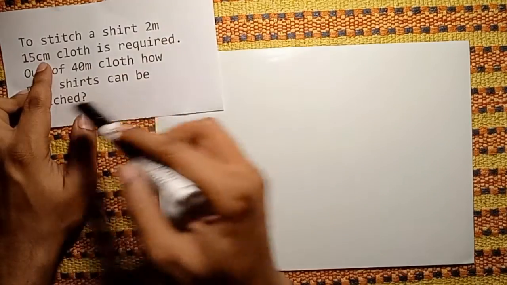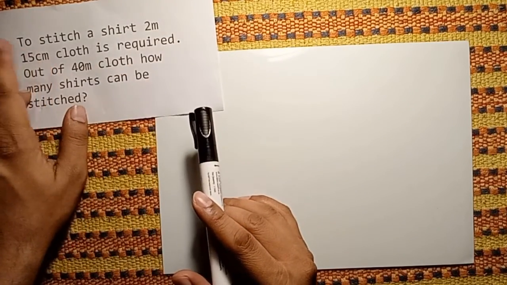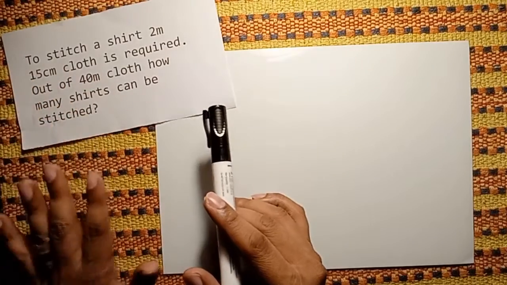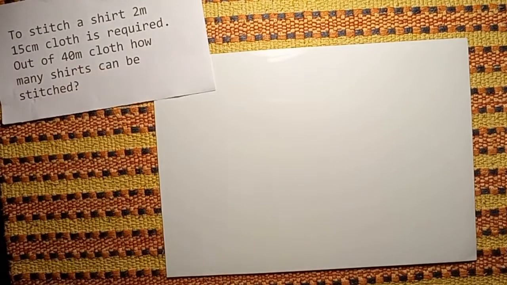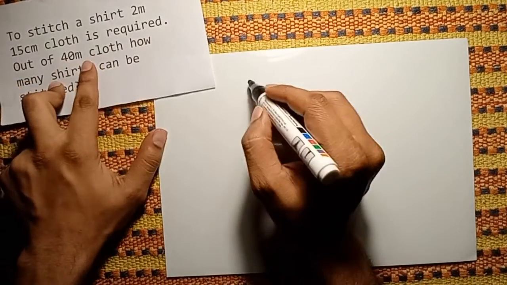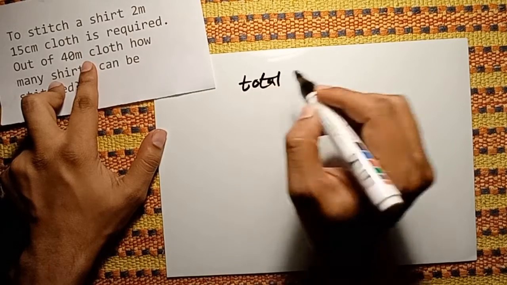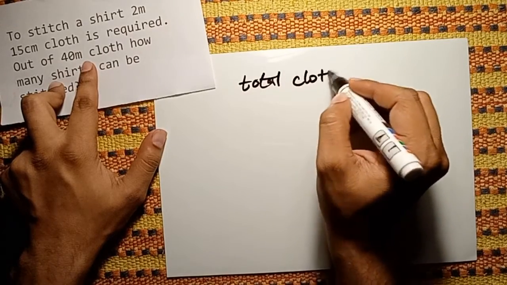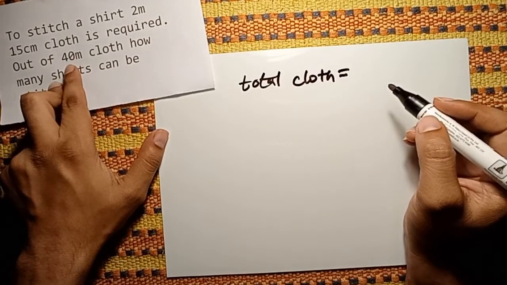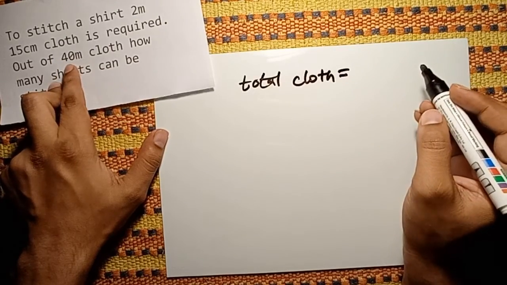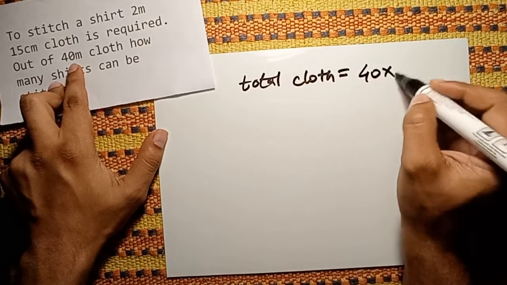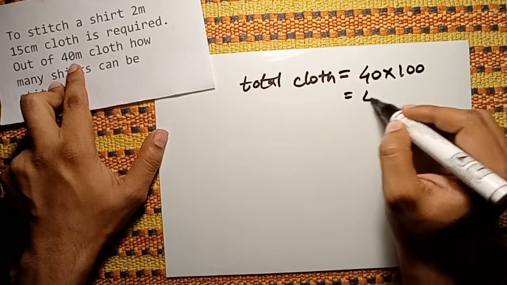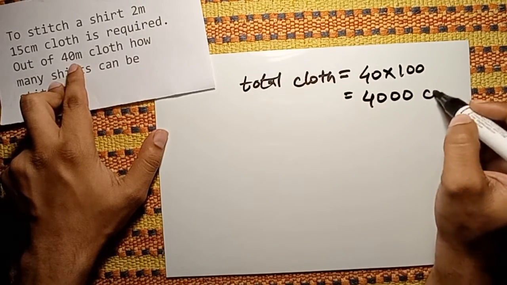So I will convert everything into centimeters first and then I will solve the problem. So let's see. Total cloth: 1 meter is equal to 100 centimeters. So 40 into 100, 4,000 centimeters.